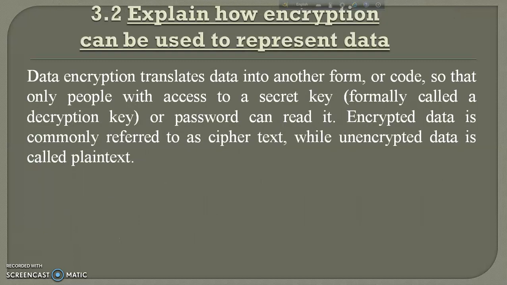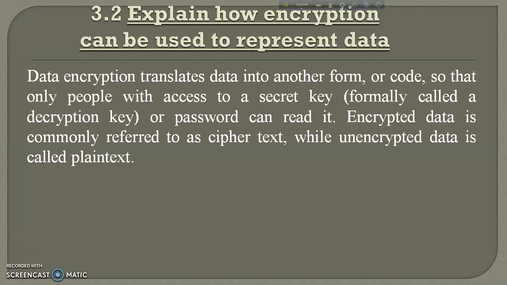3.2 Explain how encryption can be used to represent data. Data encryption translates data into another form or code so that only people with access to the secret key, formerly called a decryption key or password, can read it.